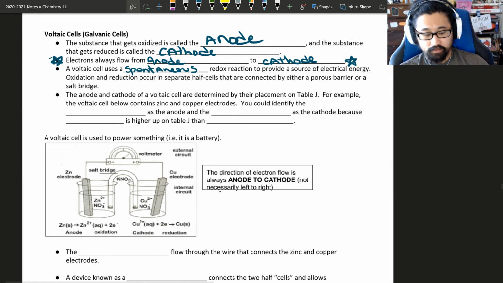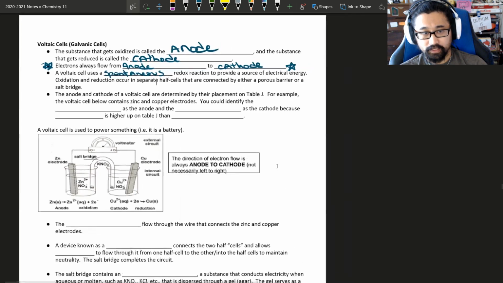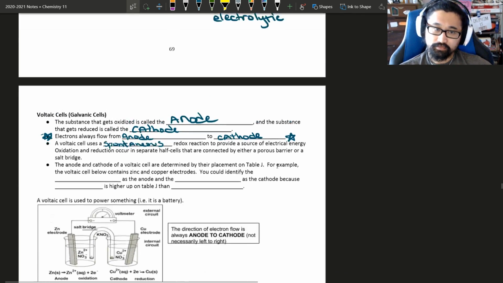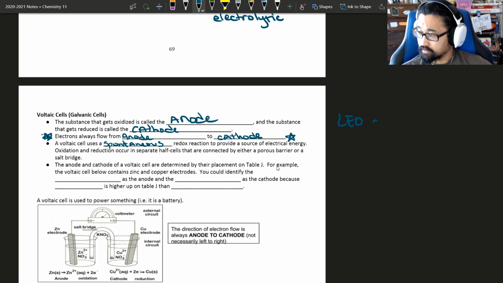Now, maybe you remember that I said we were going to add another phrase. We said that Leo says grr. Now, Leo is a red cat. Leo is a red cat who is friends with an ox.